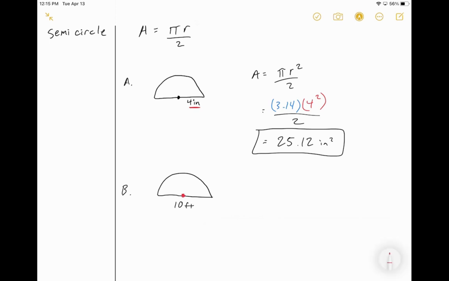Remember, if 10 feet is the diameter, then the radius is 5 feet. Yeah, so if you got 157, you probably used the diameter instead of the radius, which is a common mistake. So it's good we're figuring this out now.